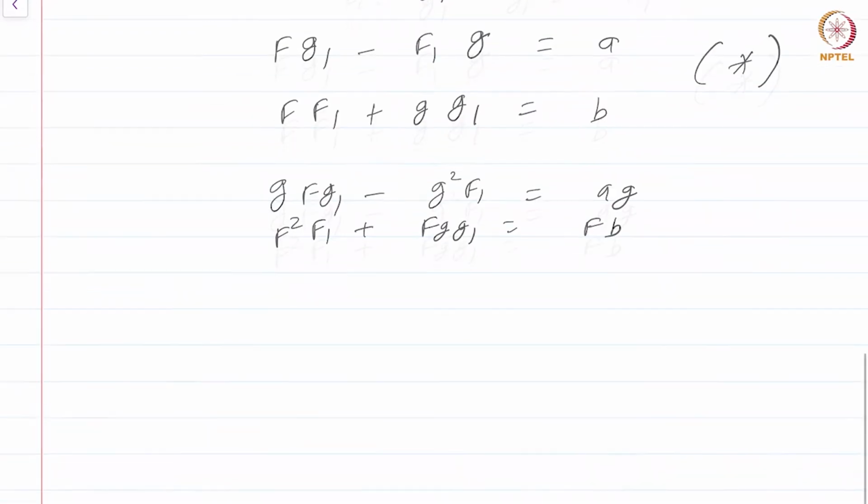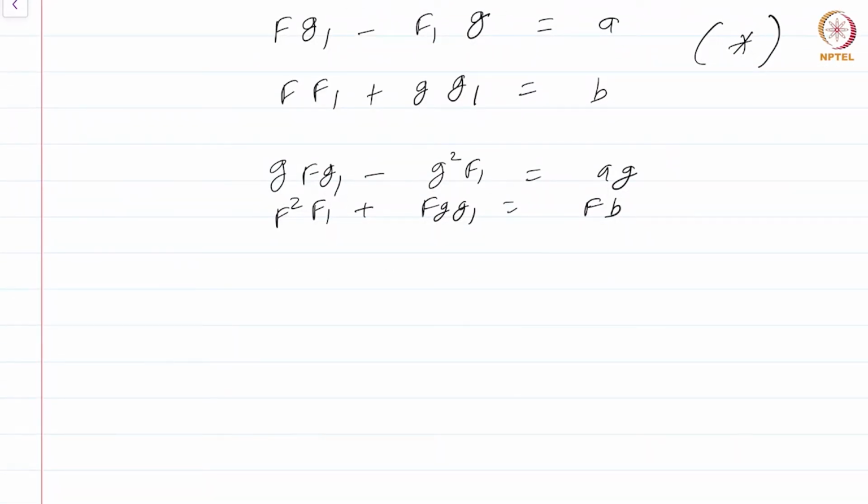Now subtract these two equations. What we will get is f1 into g squared plus f squared, minus f g g1 is equal to ag minus fb.